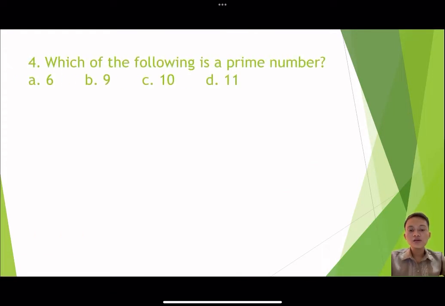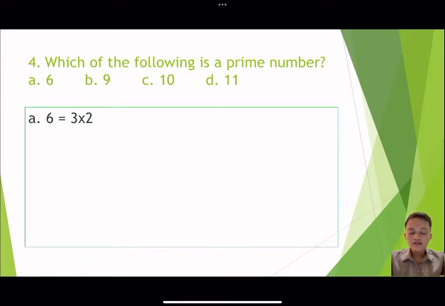Which of the following is a prime number? A, 6; B, 9; C, 10; D, 11. Letter A. Pag sinabi natin prime number, wala siyang ibang factor kundi yung sarili niya and 1. So, yung letter A is 6, the factors are 3 times 2.